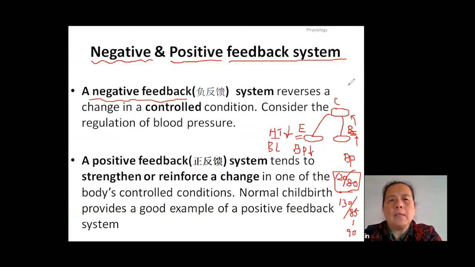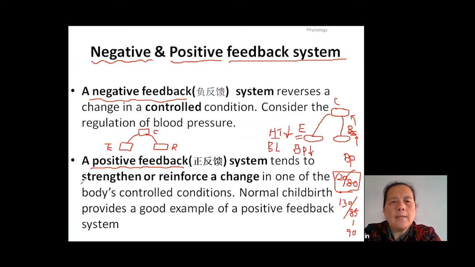Another feedback system we call positive feedback systems. They still have receptors, they still have effectors, they still have a control center. Still pretty similar, but the result is totally different.